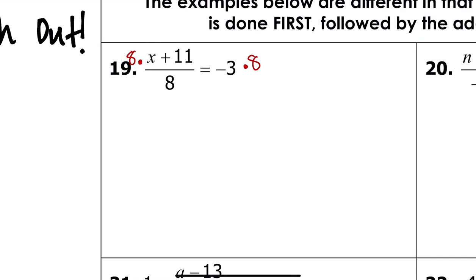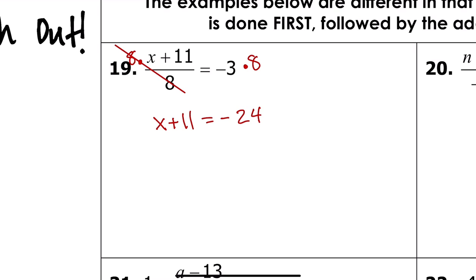All you're going to do is cancel out or make your 2 8s into a 1. That's the only thing you need to do. You're only trying to get rid of that 8. So when you do that, that will leave you with x plus 11 equals -3 times 8. That's going to be -24. All right, so now we're going to add or subtract. We have x plus 11.